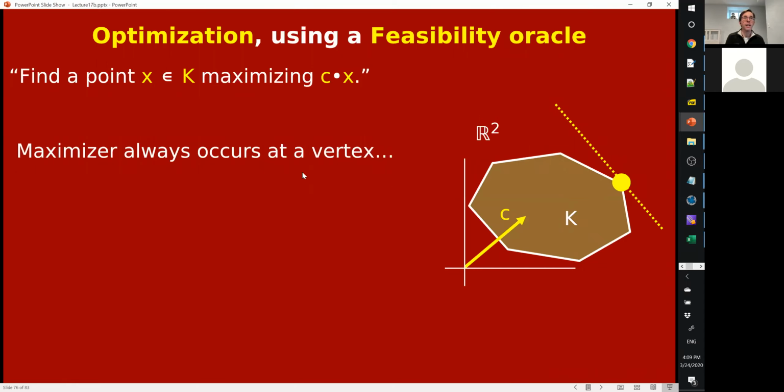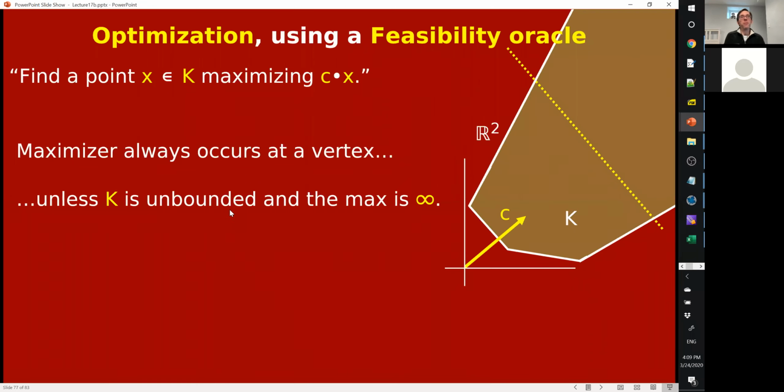And the maximizer always occurs at a vertex. There's a little caveat there, which we'll come back to right now. The maximizer always occurs at a vertex unless K is unbounded, in which case it's possible that the maximum is infinity.